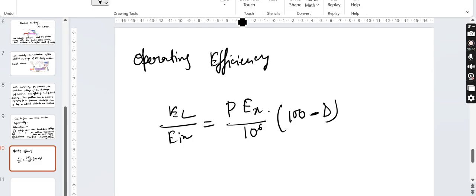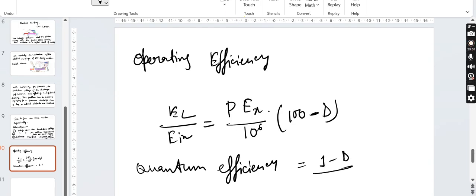So the operating efficiency will be that much, where the quantum efficiency is 1 minus d by 100.